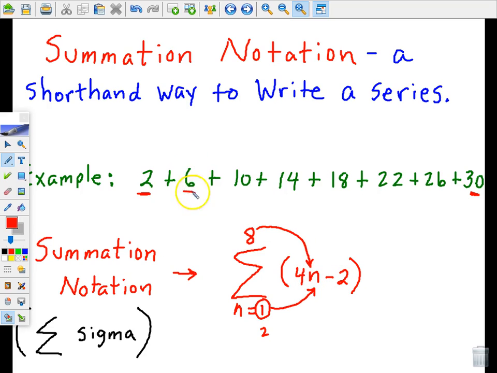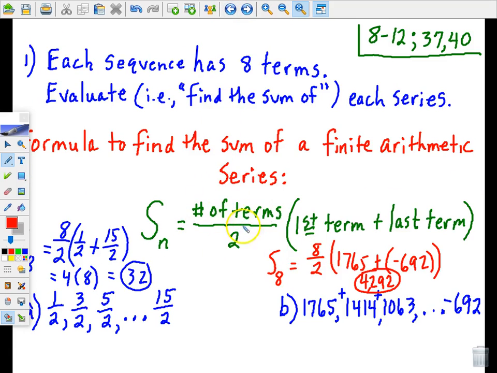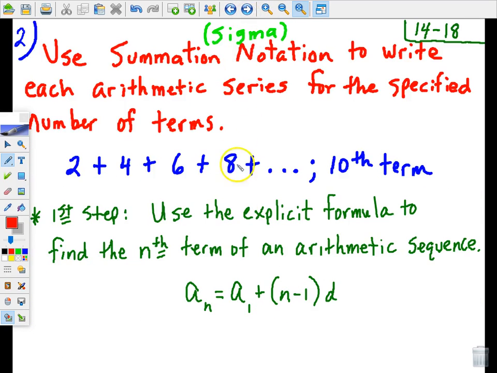That's the second term. So you can see how all of these are really captured in this one expression. If we want to know a particular term in the list, we just plug that number in for n. And if we want to know the whole sum of the series, then we can use the formula that we just learned. Okay, so let's go through some examples.